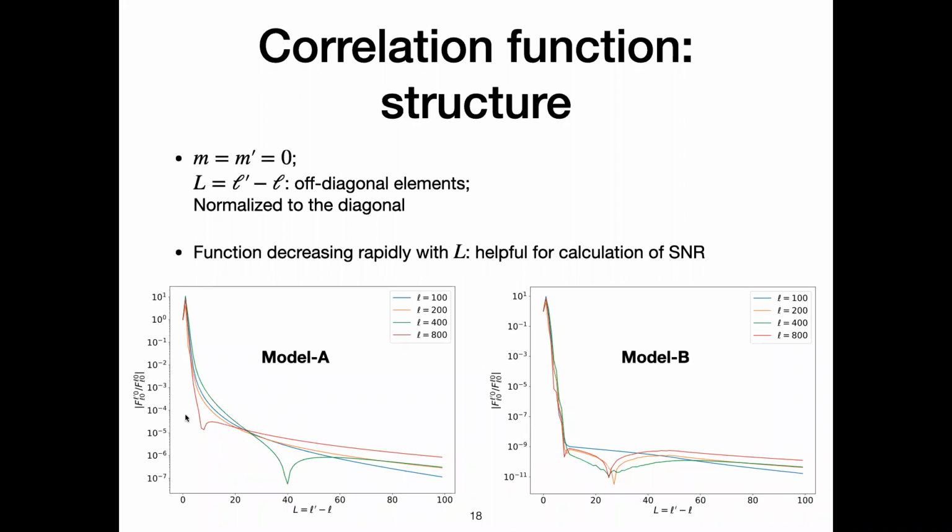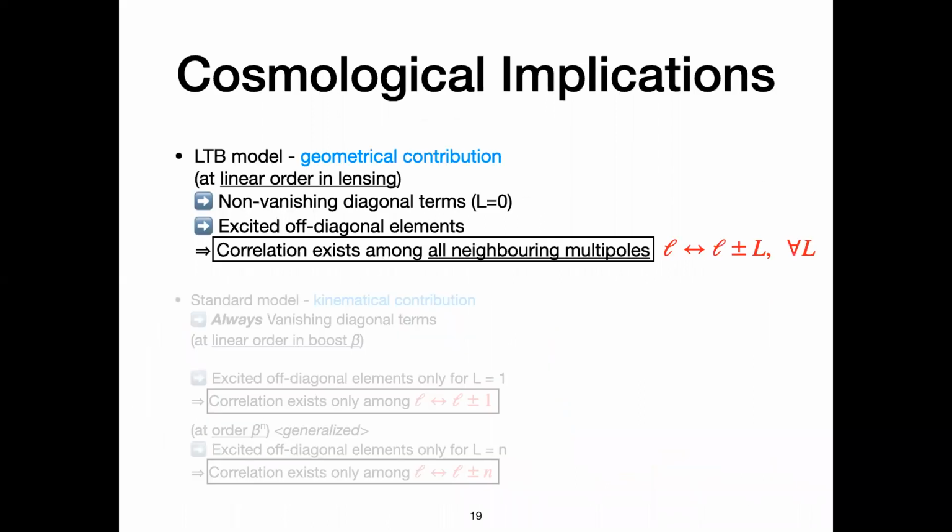Because the order is quite low here, 10 to the power minus 5, 10 to the power minus 6 difference, right? And here even lower. Okay, so moving on, let's discuss the cosmological implications of the 2-point correlation matrix.